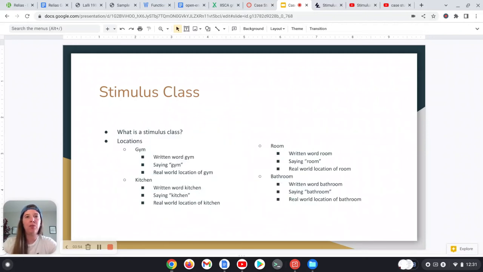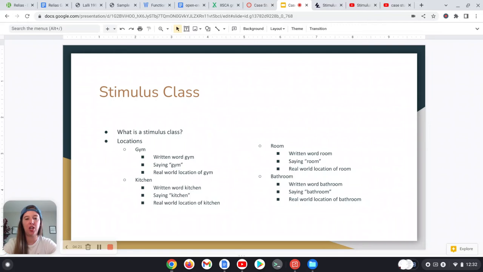Now a stimulus class is basically just stimuli that share common elements. In this case, these different locations would be arbitrary. So they evoke the same response, but they don't share all the common features. So a good example would be fruit. So bananas, apples, and oranges. They don't share all of the same features.